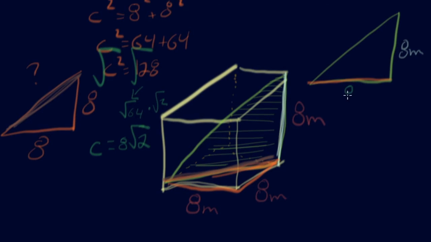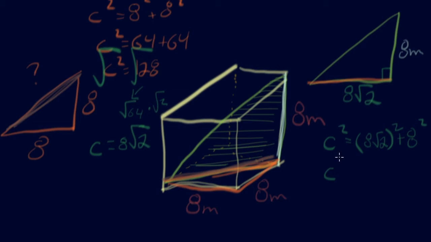This is turning into a really pretty cool question. So we've done pretty well here. We know the height, we know the length, but now we've got to figure out the diagonal. That's what we asked at the very beginning. So let's figure out what that diagonal would look like. Again, c squared is equal to, and I'll use some brackets for this one to make it really obvious, 8 root 2 squared.